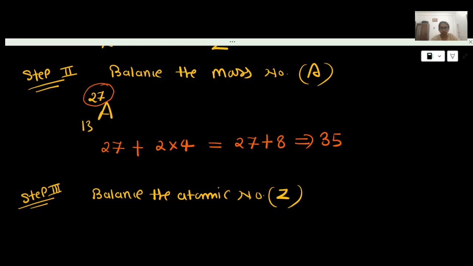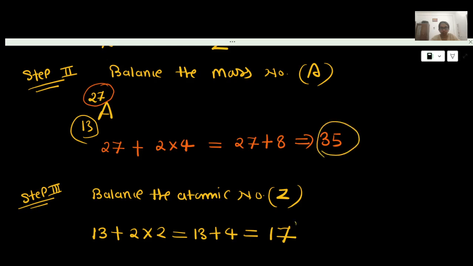What is the atomic number? 13. Start from 13. So 13 plus 2 into 2 for the alpha particle. That means 13 plus 4, and we will get 17. So there is 35 for mass number and 17 for atomic number.